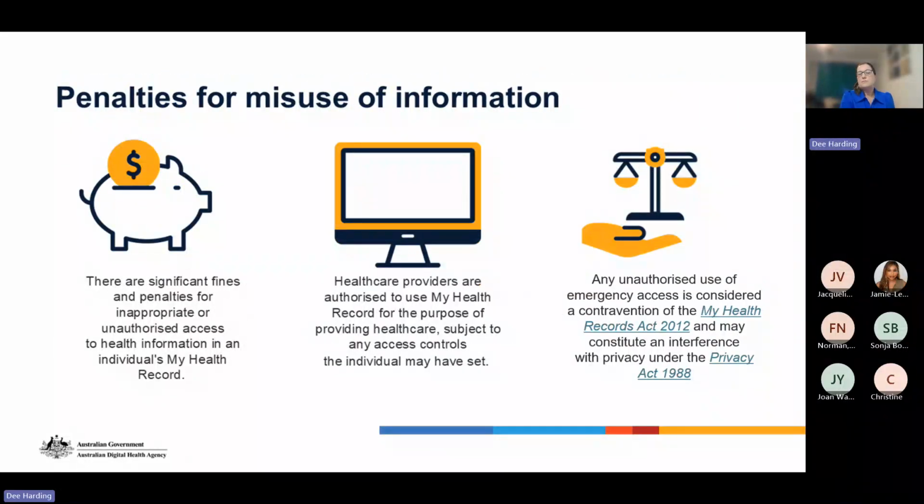So what are the penalties for misusing the system? Up to 5 years imprisonment, individual fines for the clinician up to $315,000, and for your organisation, $1.665 million. So they're quite strict, and you might say, well, how will they even know that they're not my patient?